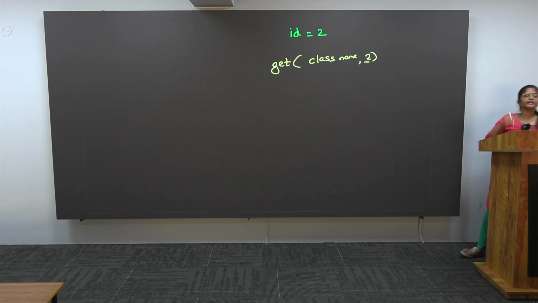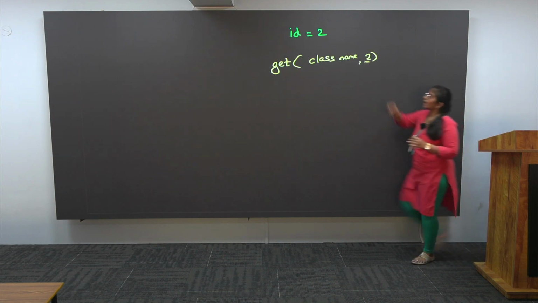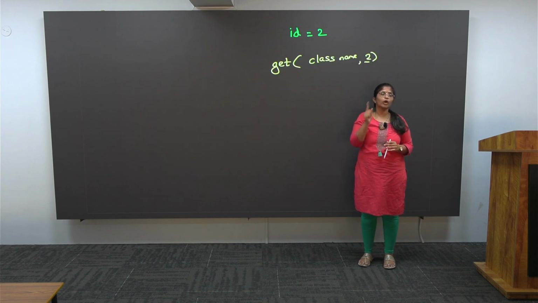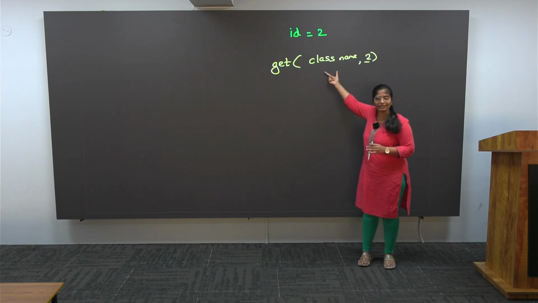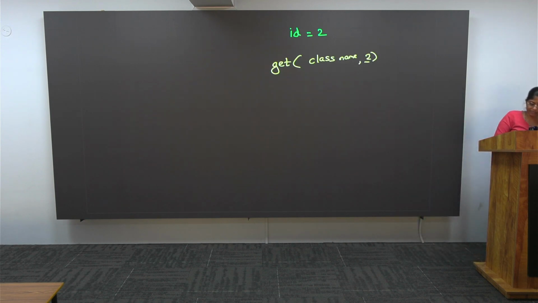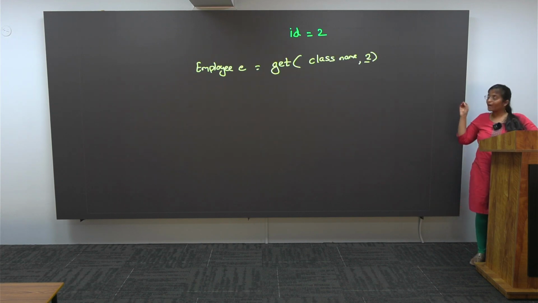And what it returns is the employee object. You have passed the employee class, it will be returning you one employee object, E, which is of type employee. I hope it is clear, because I told you one record is equivalent to one particular object inside your Java.